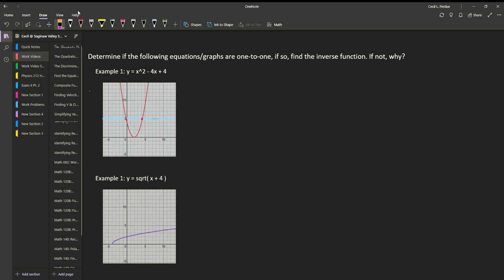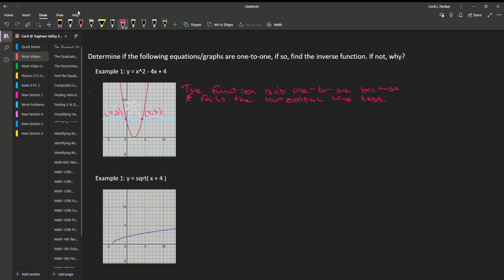So that already tells us here that it is not. These points are supposed to be (0, 4) and (4, 4). So all we have to say is the function isn't one-to-one because it fails the horizontal line test.